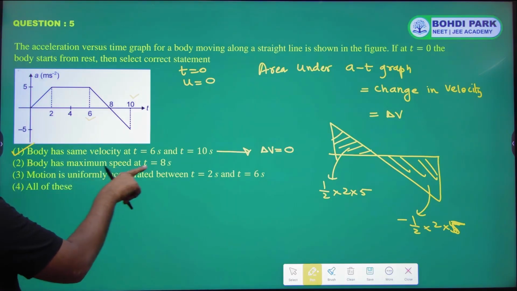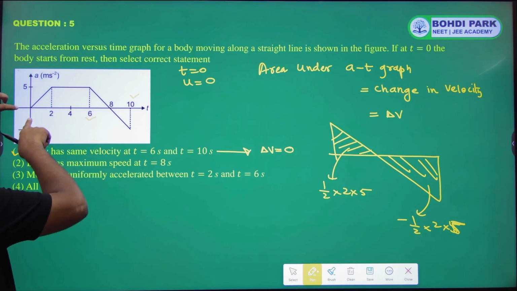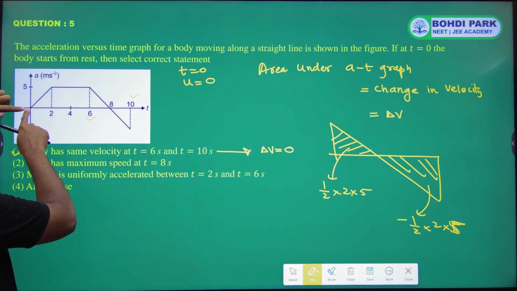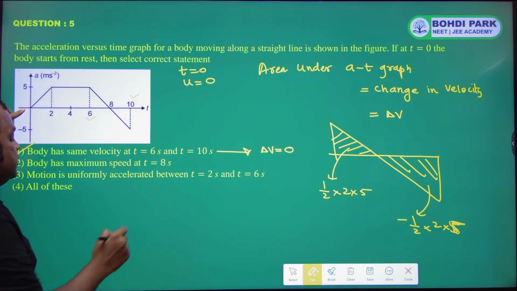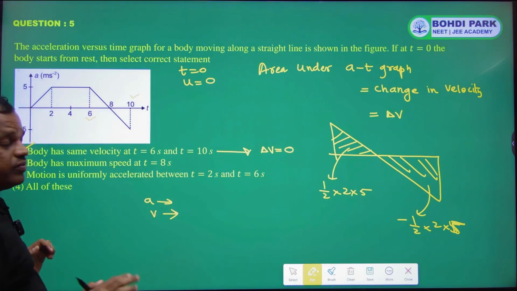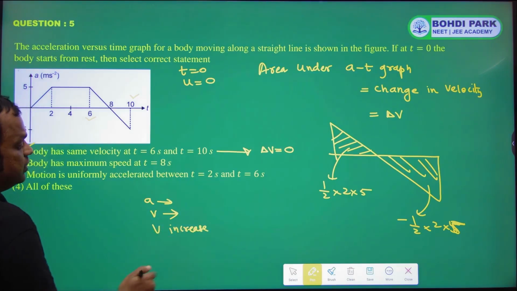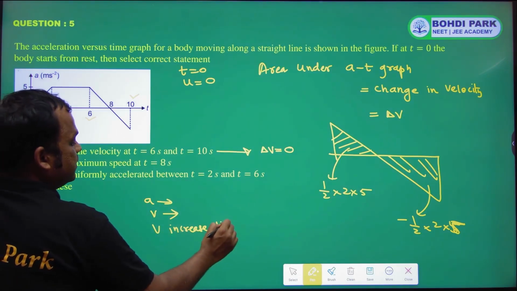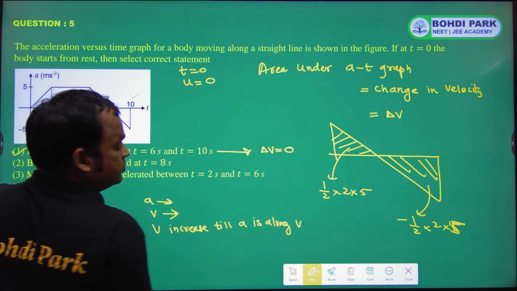Body has maximum speed at 8 second. So you see at t is equal to 0, velocity is 0 and acceleration is positive. Acceleration is positive, so velocity will be positive and velocity will increase. Velocity will increase till acceleration is along velocity.